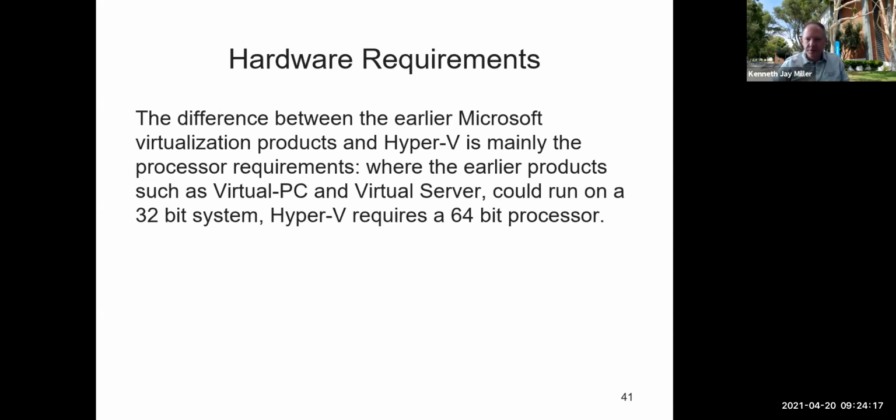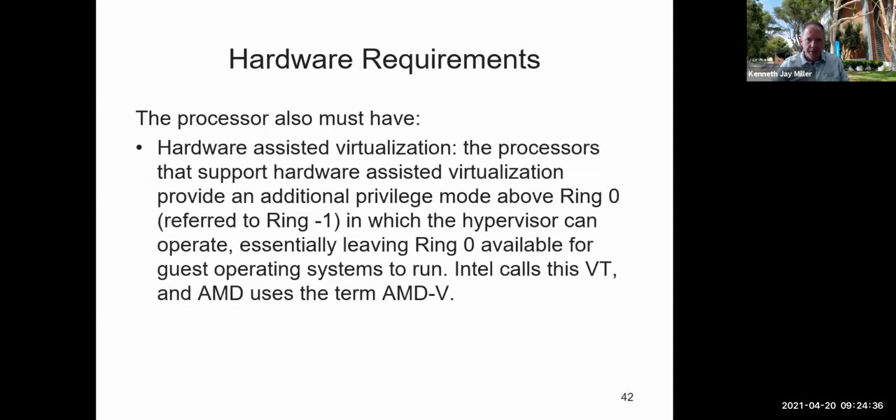So if you have an older machine that's a 32-bit processor, say a Pentium 2, Pentium 3, earlier Pentium 4s, they are all 32-bit, and you're not going to be able to use that hardware for Hyper-V.